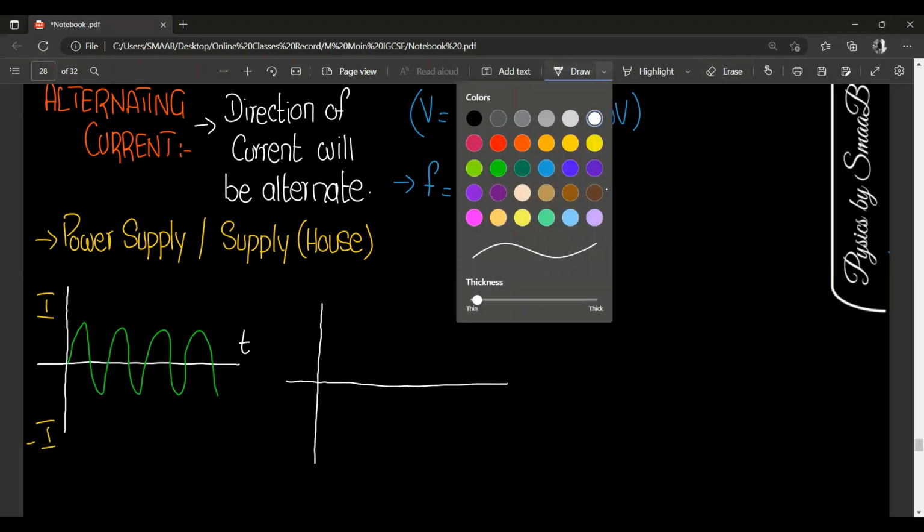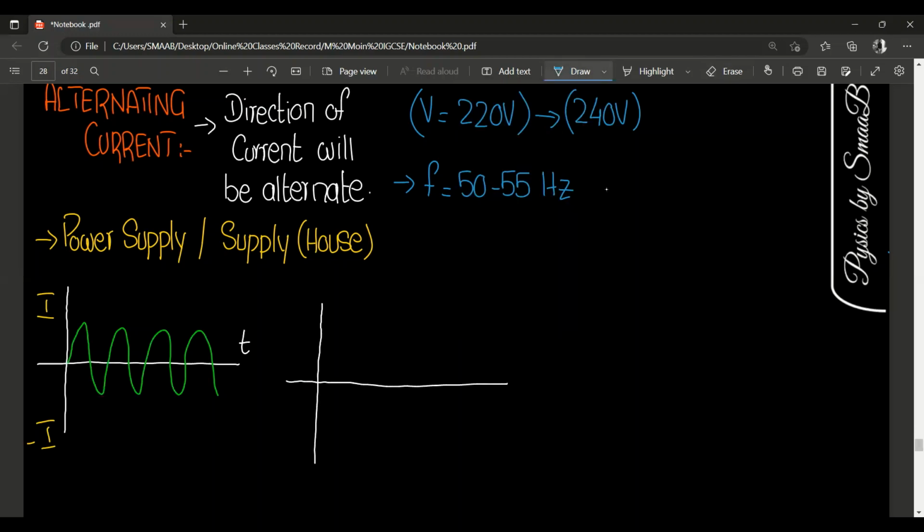So for constant supply, we can say the graph will be like this, right? So in this square diagram, we can easily identify the value of electric current. But in variable, it is difficult to identify, right? Because there is a curve and we need to identify each and every point on the curve.